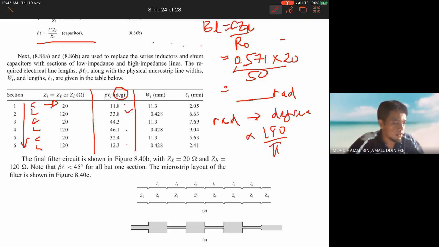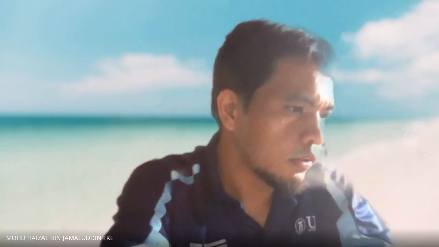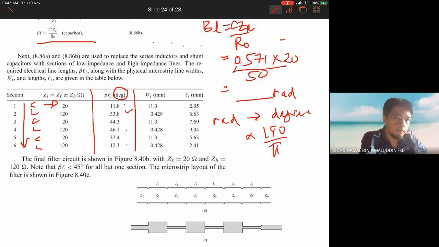How do you want to do that? Okay, there are a few ways. If you are designing it, you can use the line calculator from the EM.